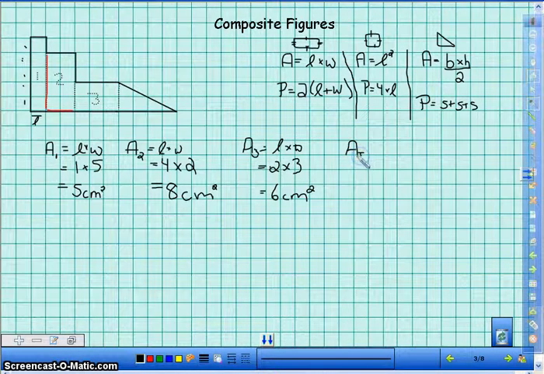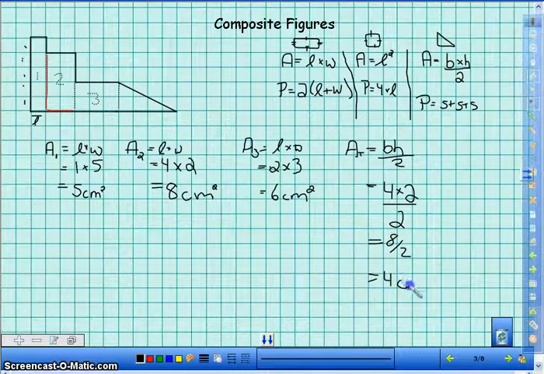You could either draw a triangle or just the T for triangle. Now this is our half base times height. Base, 1, 2, 3, 4, times our height of 2, all divided by 2. So we have 8 divided by 2 is 4 centimeters squared.